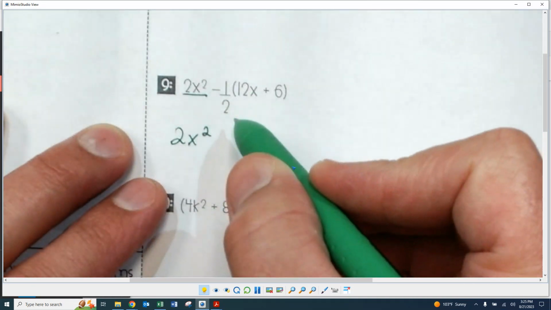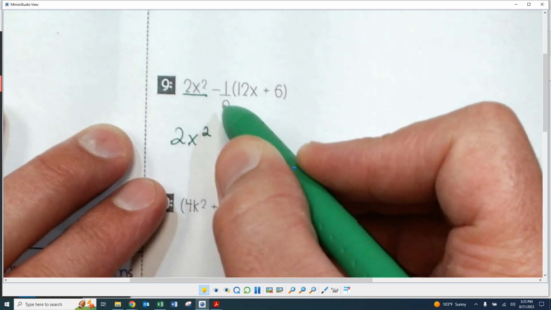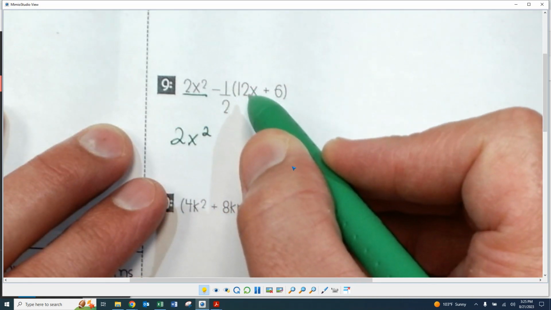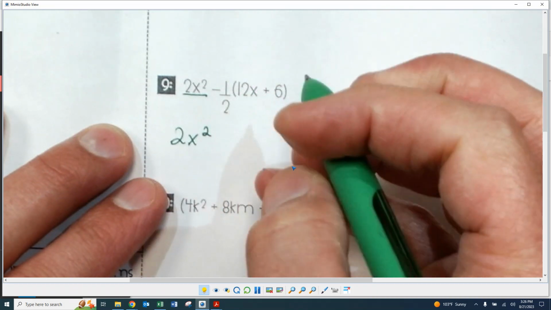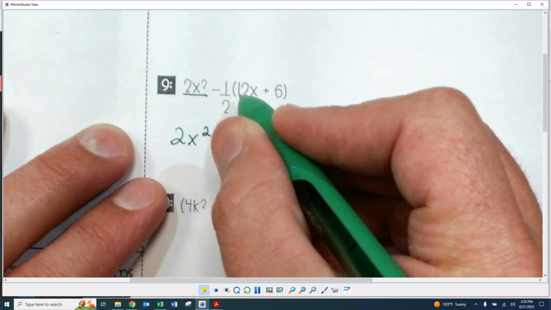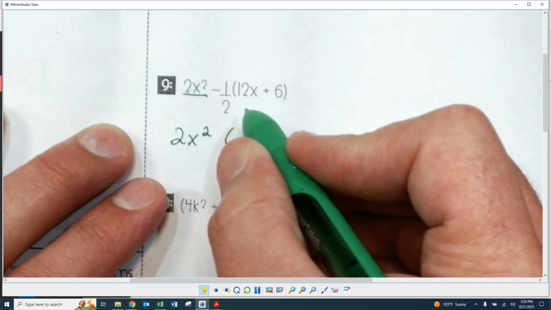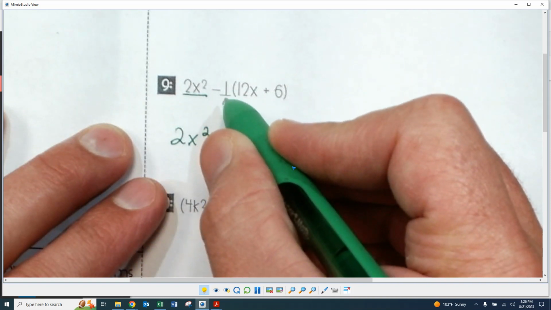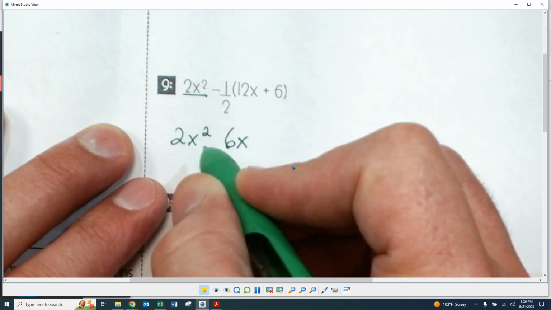The easiest way to deal with the fraction is just to talk yourself through it. Negative 1/2 12x. What is half of 12? That's 6. The x comes along with half of 12x is 6x. And then to put it all together, negative 1/2 times positive 12x is going to give me a negative.